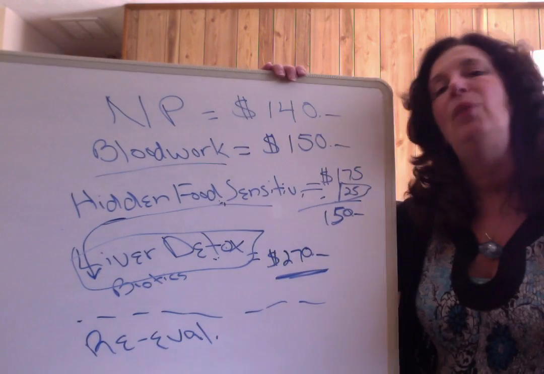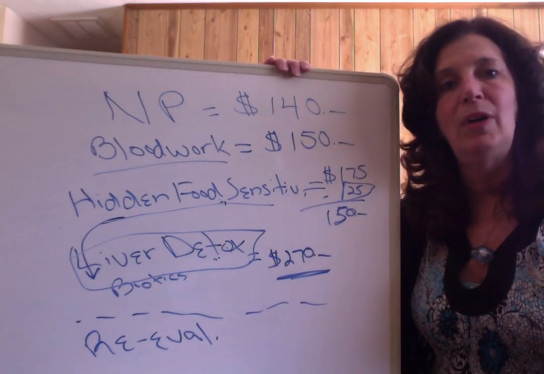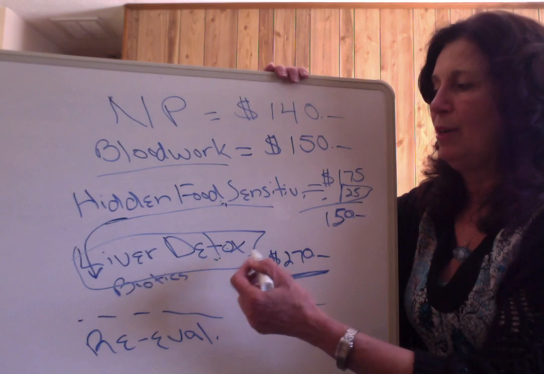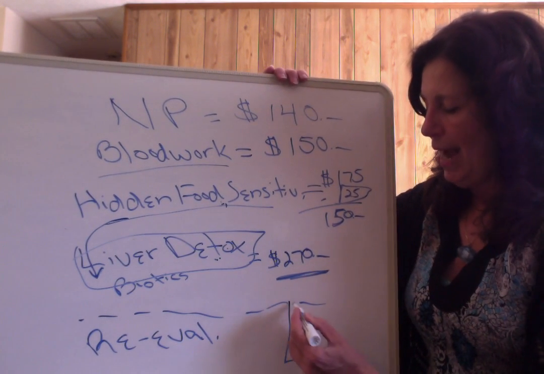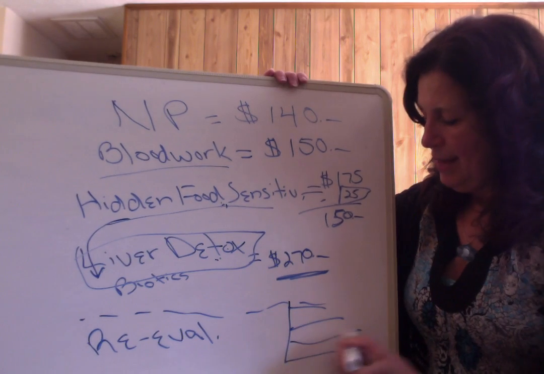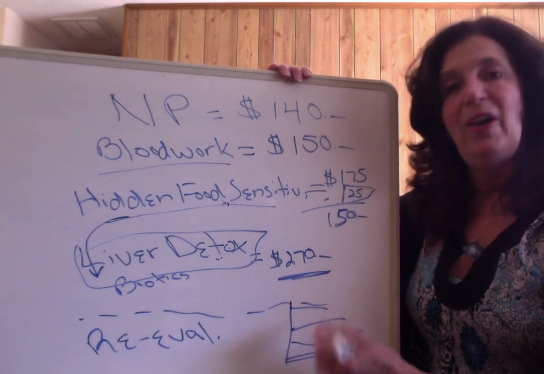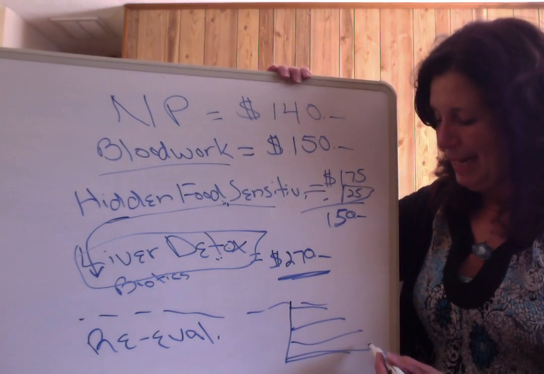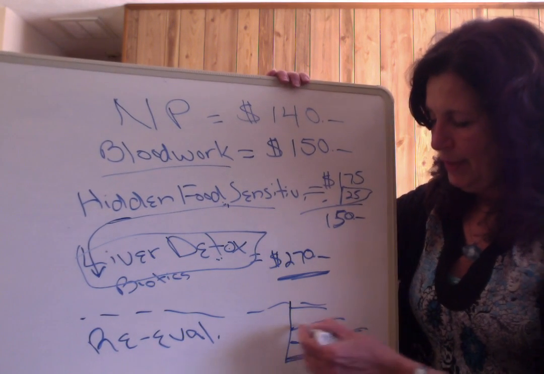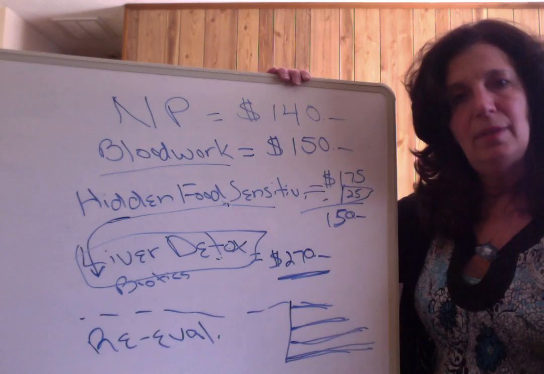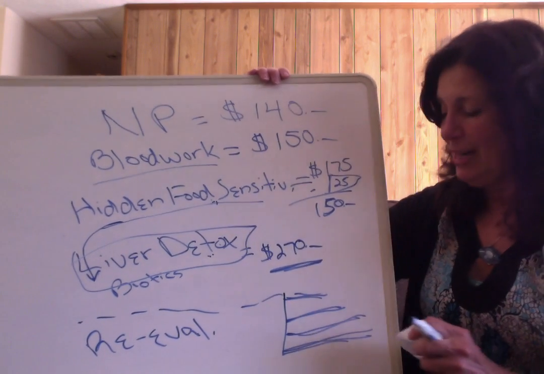Then with this reevaluation, we're going, okay, what's still going on? And with that symptom survey that I was talking about, one of the things it has is a bar graph. Any symptom or area of the body that you're making indications of that you experience, it'll show a graph of where the problem areas are for you.